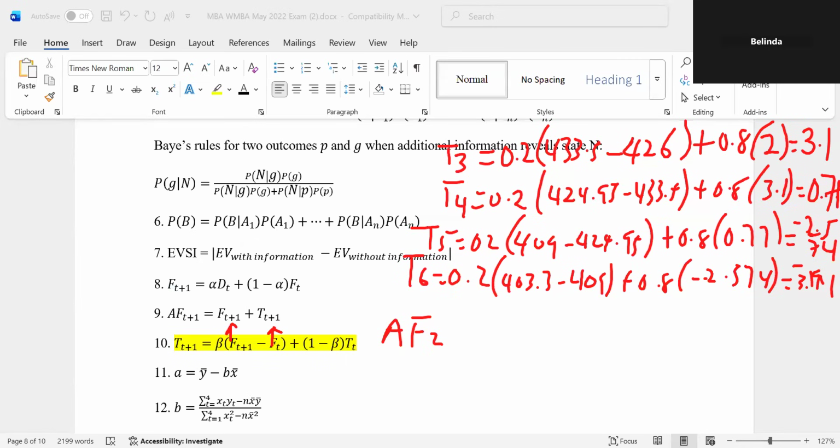Belinda asks, what do the negative figures mean, the ones for T5 and T6? We are only calculating previous time trend.